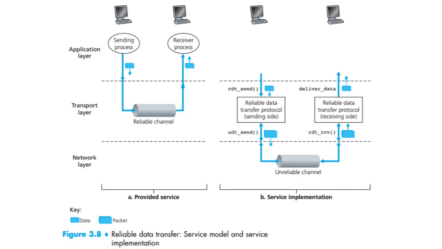In this section we consider only the case of unidirectional data transfer, that is, data transfer from the sending to the receiving side. The case of reliable bidirectional, that is full duplex, data transfer is conceptually no more difficult but considerably more tedious to explain.